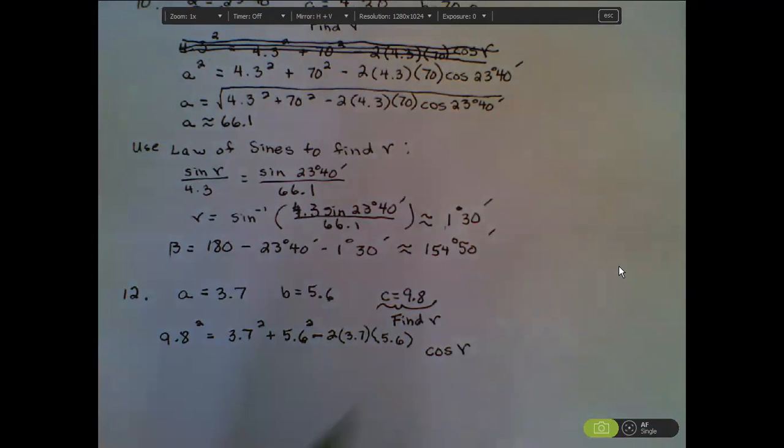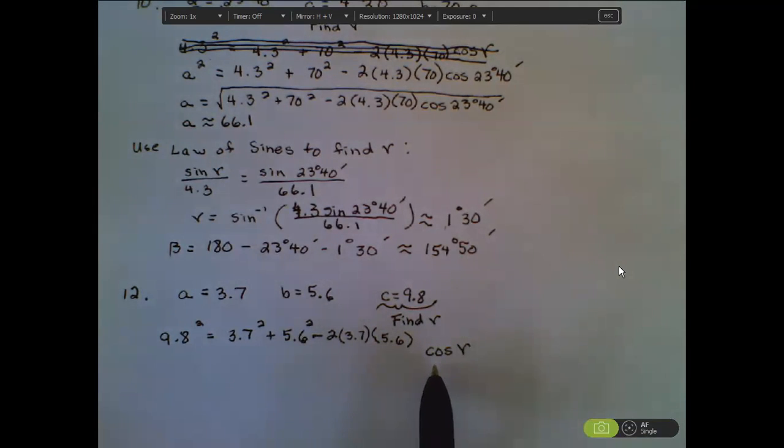Now I do want to get cosine gamma by itself before I pick up my calculator. So how would I solve that whole expression for cosine gamma?